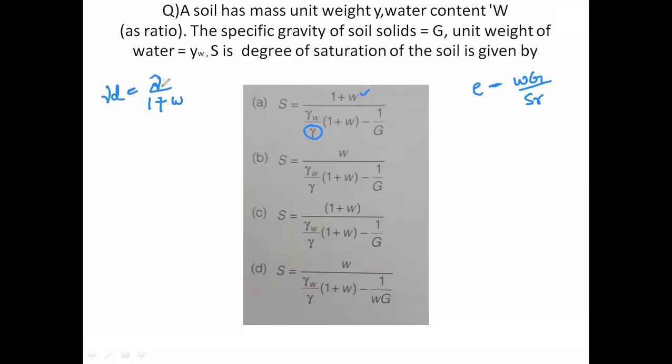So bulk density is equal to gamma d into 1 plus w.